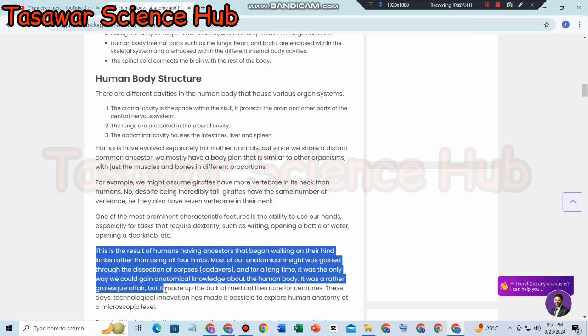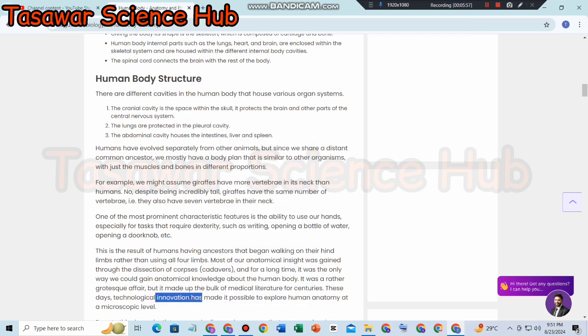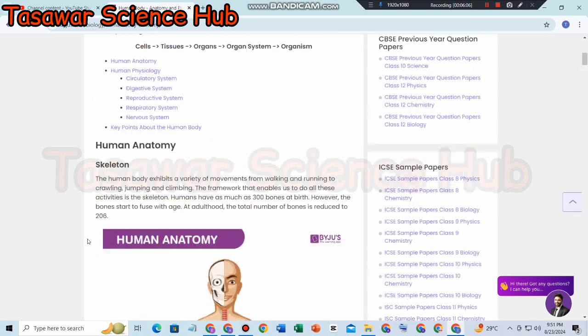It was a rather grotesque affair, but it made up the bulk of medical literature for centuries. These days, technological innovation has made it possible to explore human anatomy at a microscopic level.